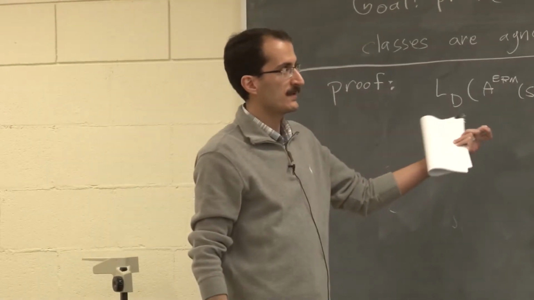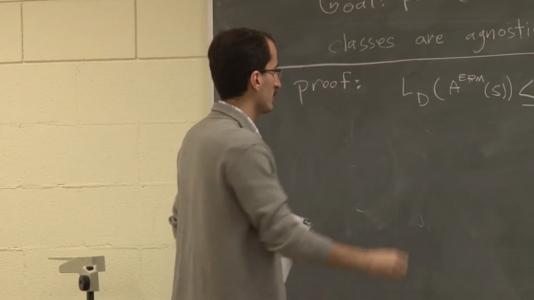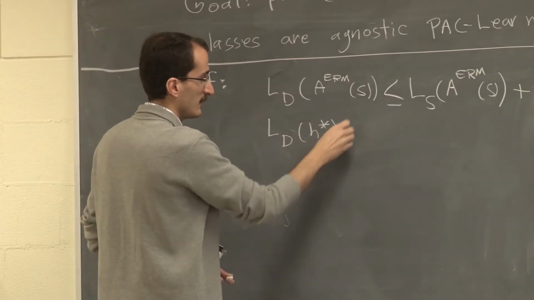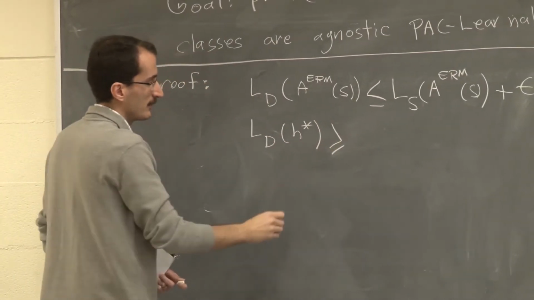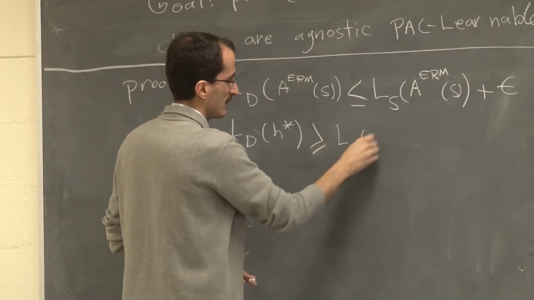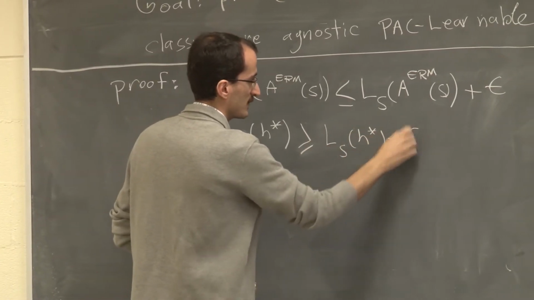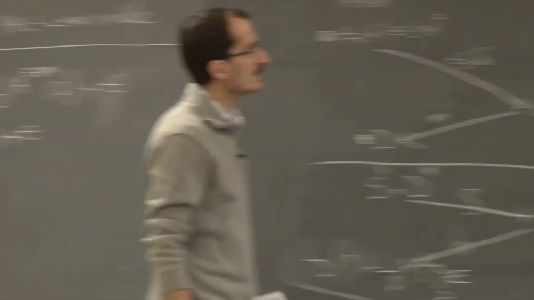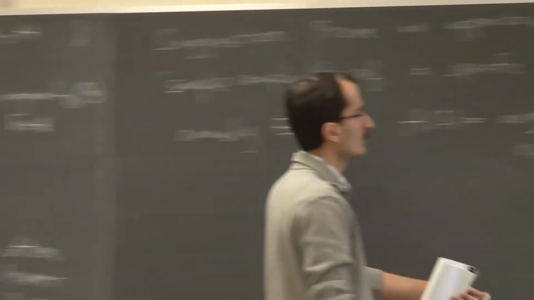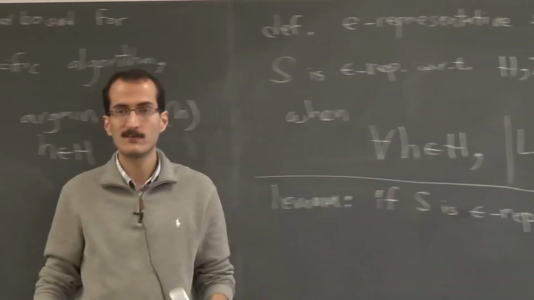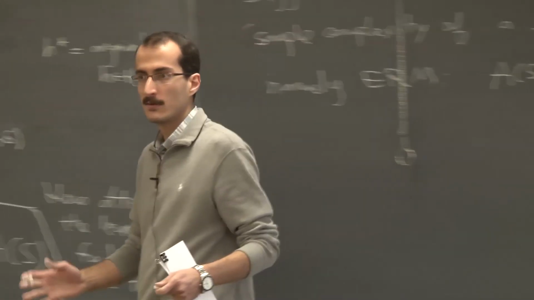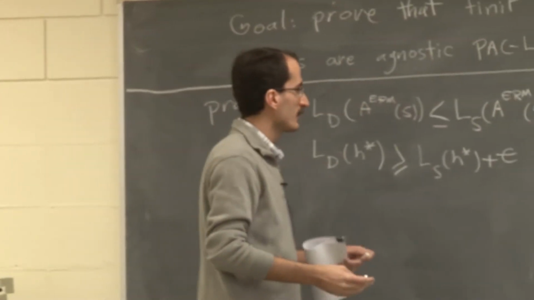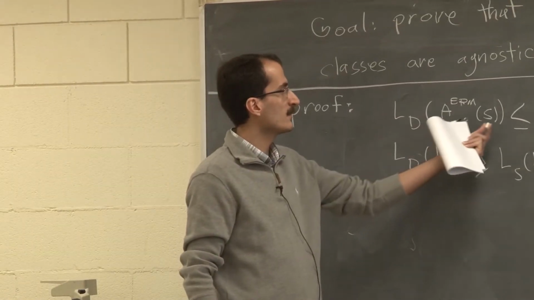That's due to the definition of epsilon representative sample. And also L_D of H star will be larger than L_S of H star minus epsilon. Because it's epsilon representative and in the definition we had an absolute value, we have both upper and lower bounds. I mean, L_D and L_S are very close, so we can use it as a lower bound or upper bound.